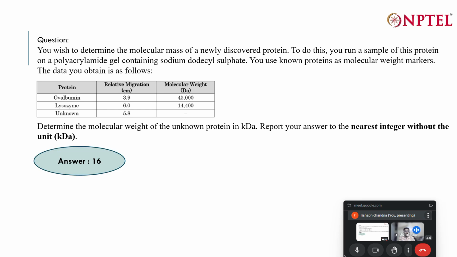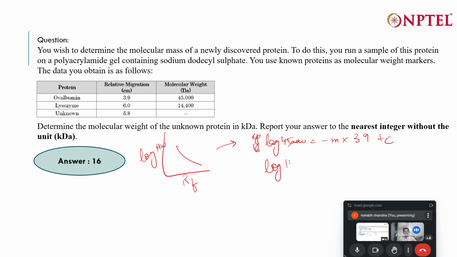Okay. So the correct answer is 16. The same concept applies here like the last question. So you will have a log molecular weight and this would be the relative migration. So you will form two equations: for the first one, that is log 45,000 equals minus m into the relative migration of 3.9 plus c, and the second equation, that is log 14,400 equals minus m into 6 plus c.